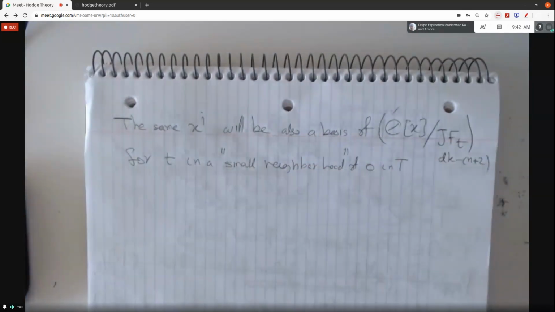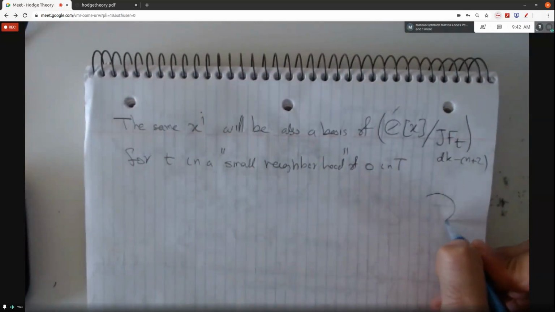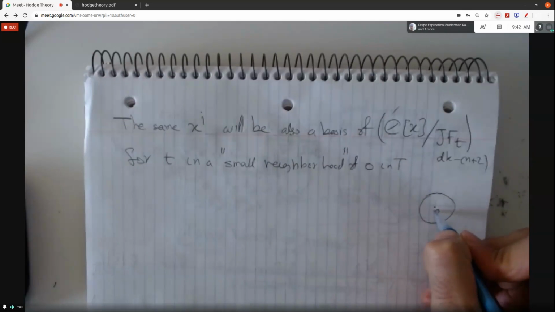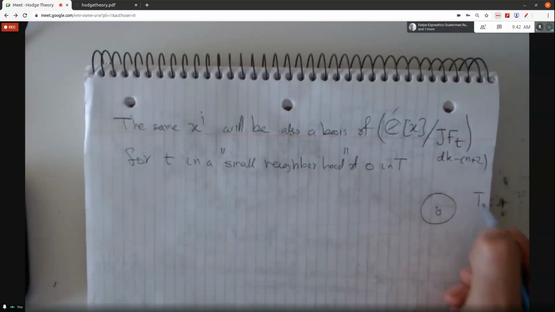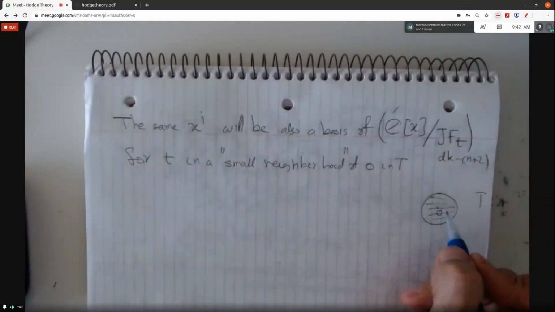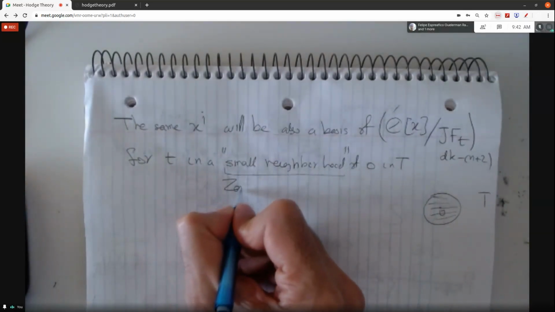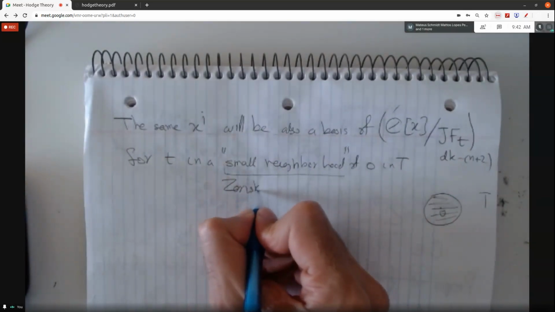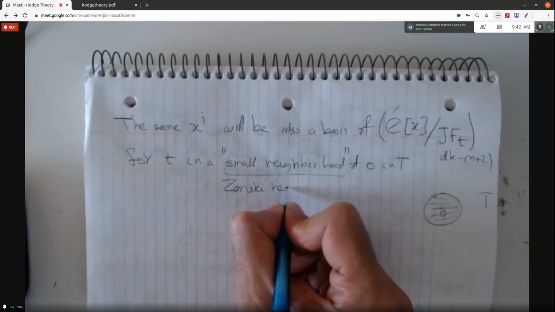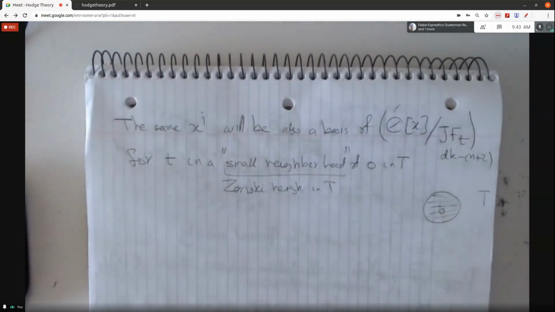This is a small neighborhood in the usual analytic topology, but one can also take a Zariski neighborhood in t, because t is itself algebraic.